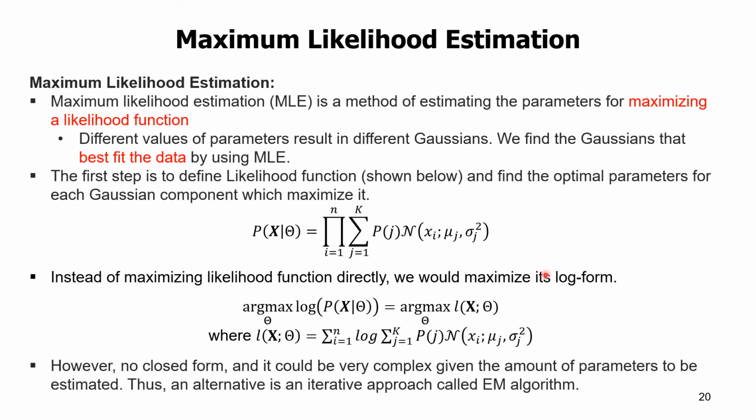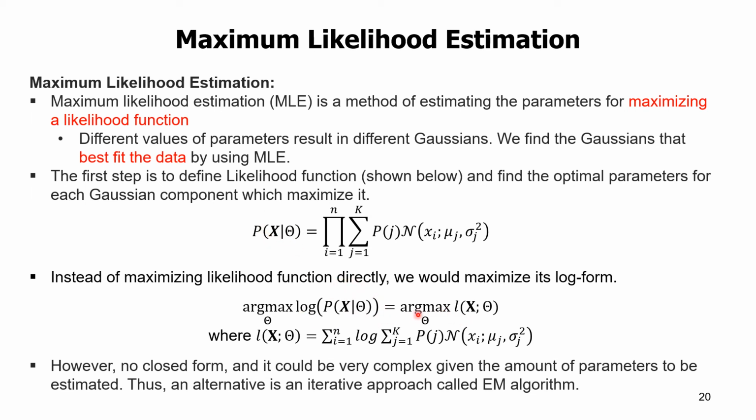By using log, this multiplication becomes summation, which makes our computation much easier. So usually we use the log form of this. So the goal of EM algorithm is we are looking for parameter theta which maximizes the log form of this.